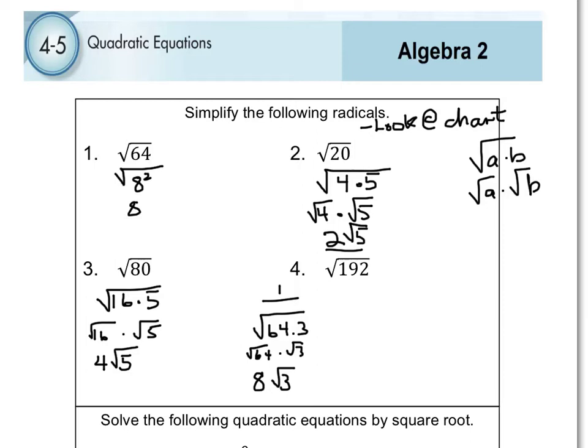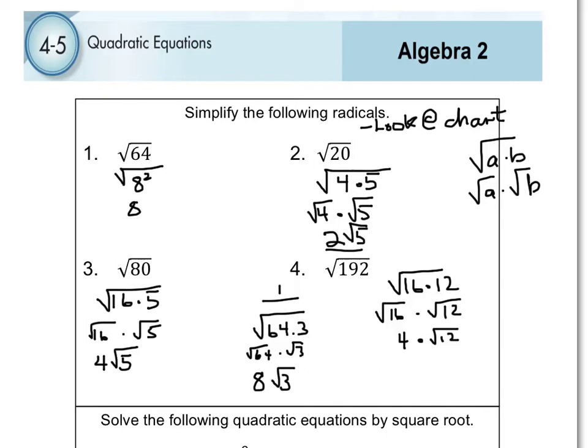Okay. Now I could do this in another way. If you can't figure out what that number would be, you could see, oh hey, 16 goes into 192 12 times. And break this apart: the square root of 16 times the square root of 12. The square root of 16 is 4. But I'm not done, because there's another perfect square underneath 12.